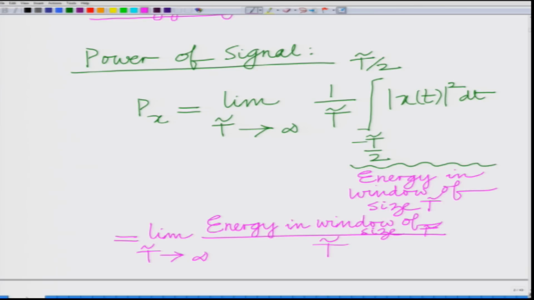That is, you take the energy in a window of size t tilde, normalize it by dividing by t tilde, and take the limit of this quantity as t tilde tends to infinity. That is the definition of the power of any signal x(t).